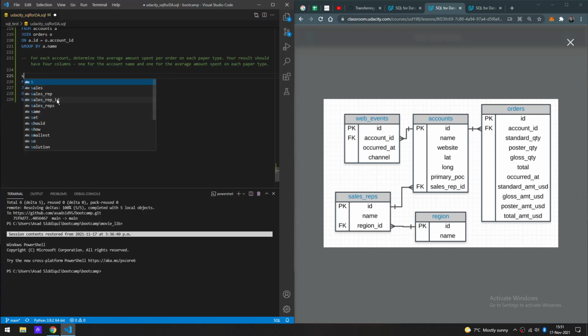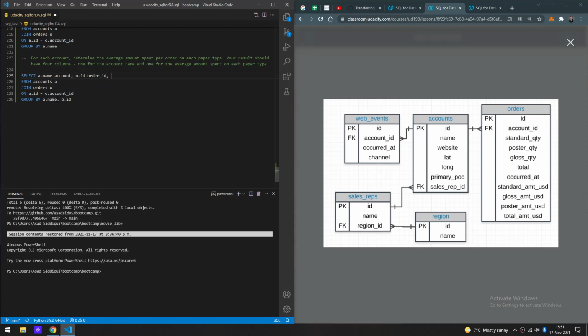Now, simply setting up our columns, we can do a.name and set up an alias, account, o.id, we can just call order ID.